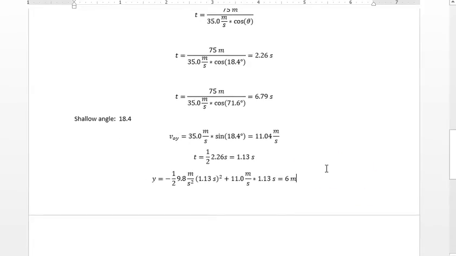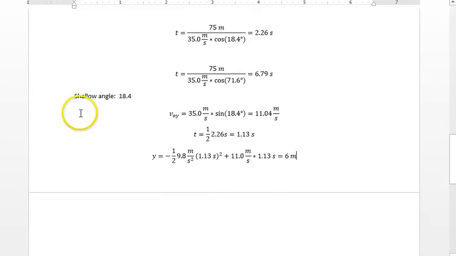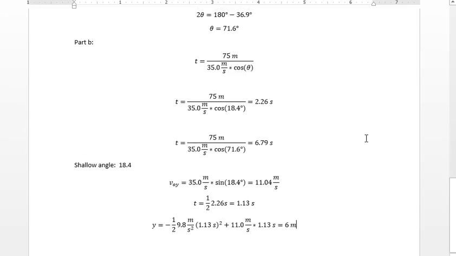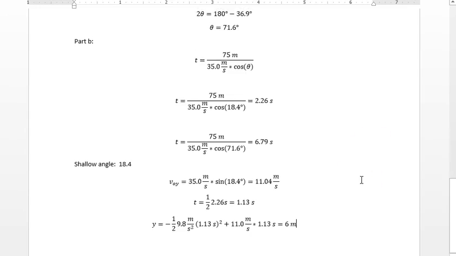So it will in fact go over the branch even on the shallow angle. So if it's going to go over the branch at the shallow angle, it's certainly going to go over the branch on the steep angle, and this 6 meters is its maximum height.